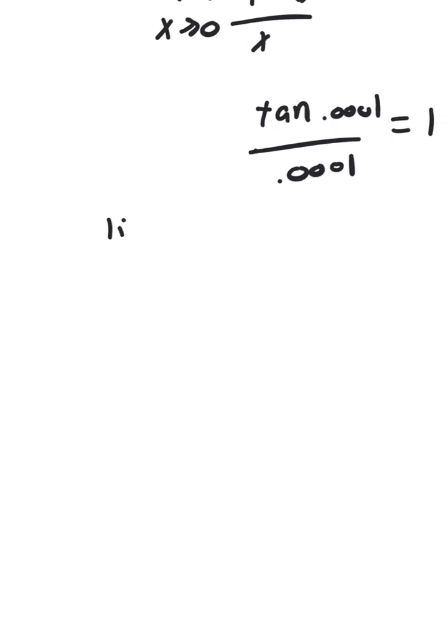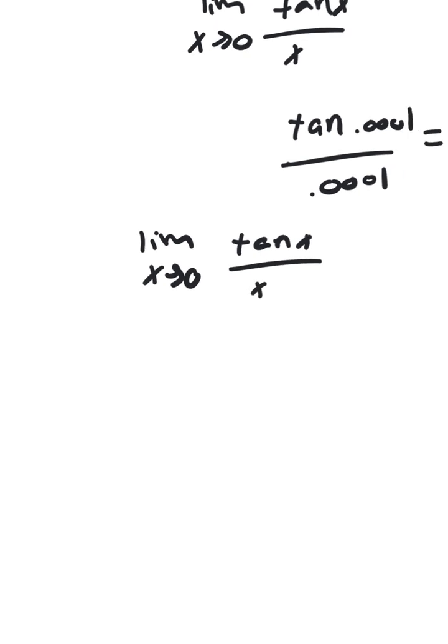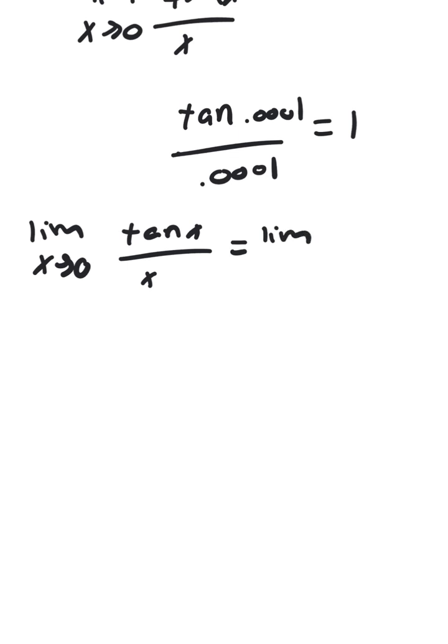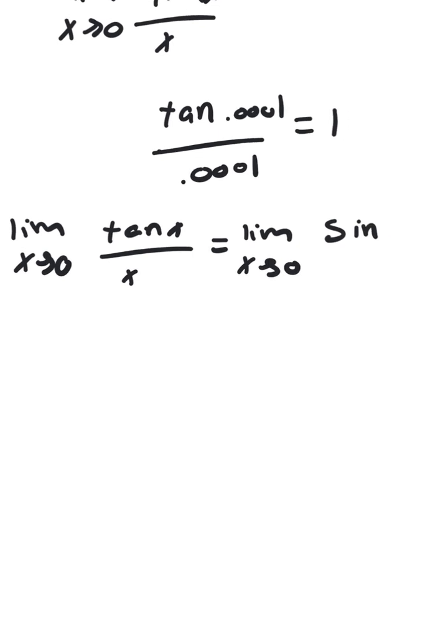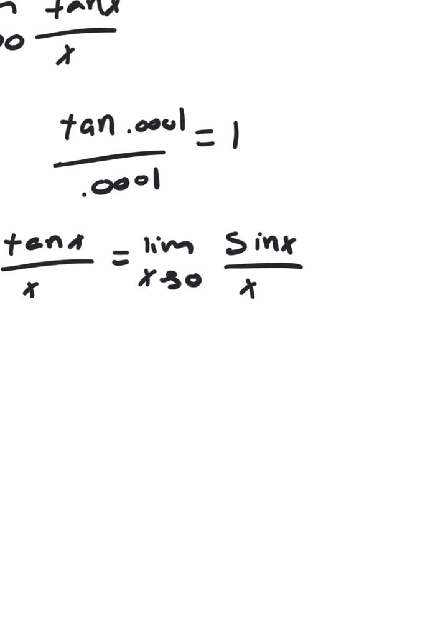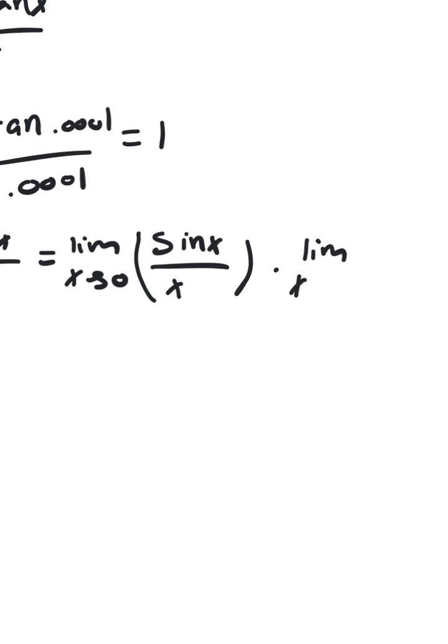So the limit when x turns to 0 of tangent x over x is also equivalent to the limit as x goes to 0 of sine x over x, multiplied by 1 over cosine x.